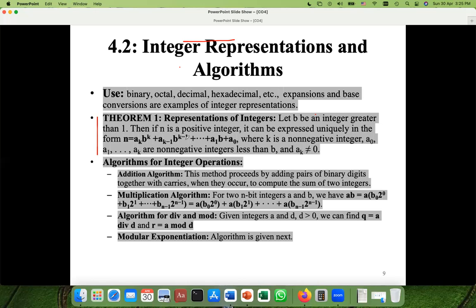So this is one complete representation. In this equation, b is an integer greater than 1, because if it is 1 raised to any power, it would be 1. Because our first system is binary, starting with 2, it is greater than 1. So b here you can consider as a base.